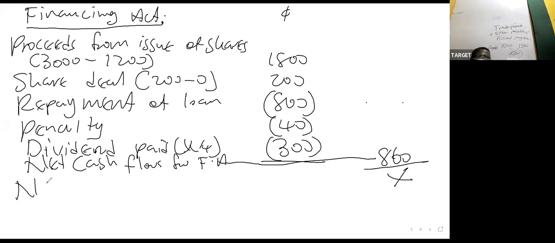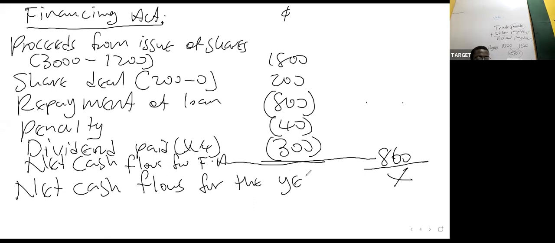You got that answer: net cash flows for the year, not from operating activity. Leave it empty. Me, I will put X there. Don't worry. How do we get it?